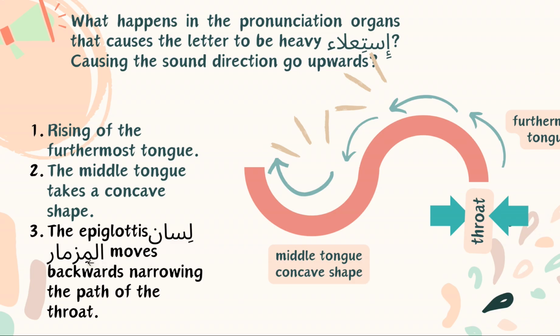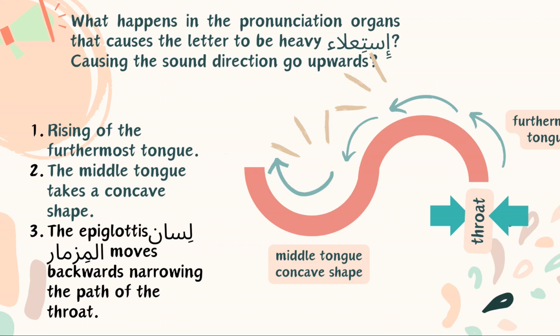The epiglottis moves backwards and it narrows the path of the throat, but the sound is moving through this narrow part, and then it just flushes upwards. It finds the furthermost tongue high, so it just goes upwards and it flushes all the way, striking the upper palate and then out of the mouth.